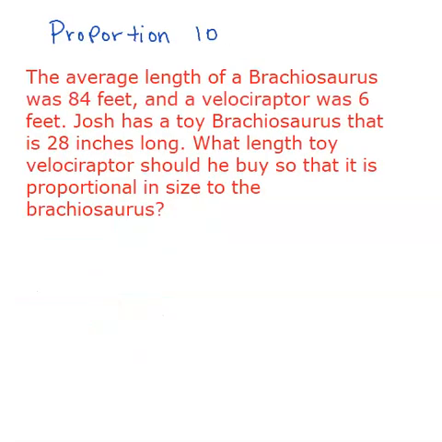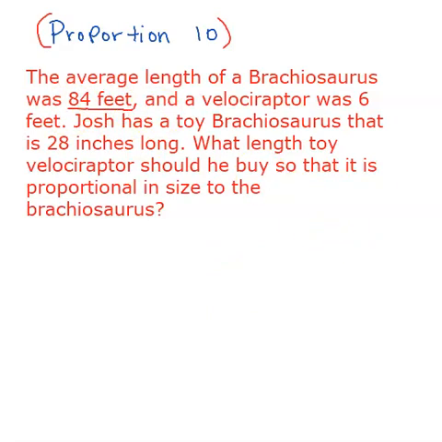Now, we have another word problem here, proportion 10, and we want to go through it well. For example, the average length of a Brontosaurus was 84 feet. So things to keep in mind.